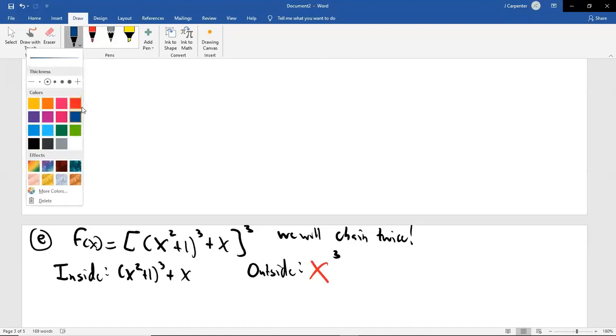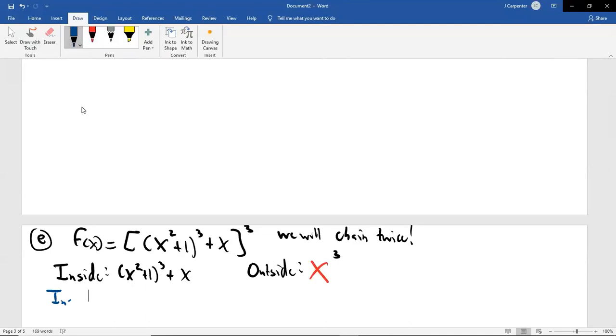Now when we go to do the derivatives of these, when you go to take the derivative of the inside, you will need to chain this part. But then there's a plus, and the derivative of this x is a 1. So again, where I have chain and exclamation mark, I'm referring to this.